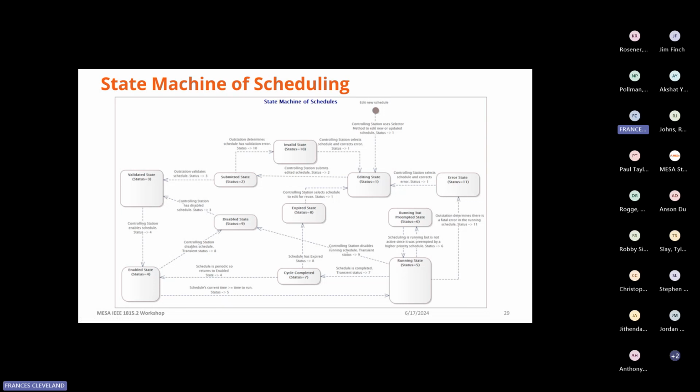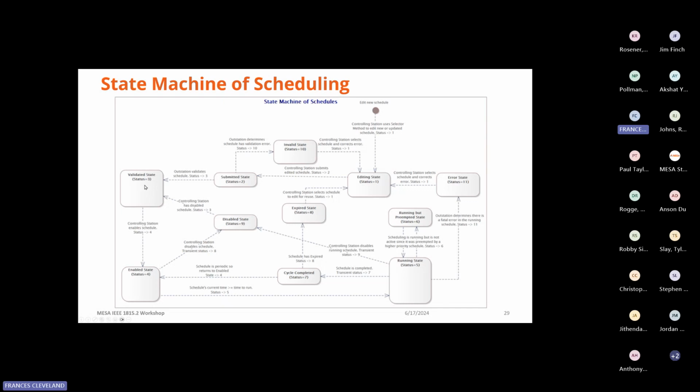Okay, we also have a state machine of scheduling. I will not go through this particularly, but I think it's important to show that indeed the controlling station will start a new schedule and put it in. The outstation will determine whether there's a problem with it and send it back if there's a problem. If there's no problem with the schedule, it'll go on and say, hey, it's been validated.